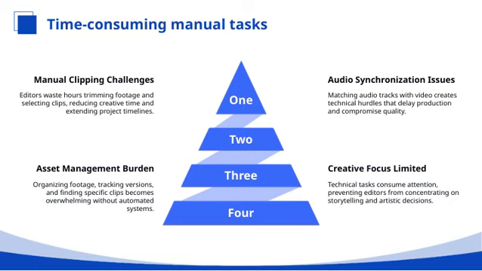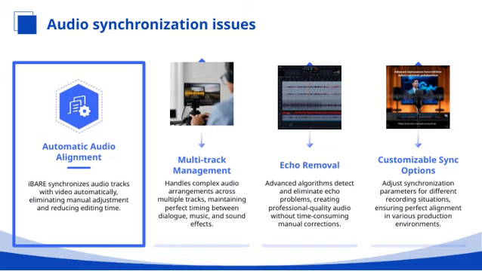Lastly, these technical tasks tend to take up a lot of attention, which limits the editor's ability to focus on storytelling and artistic decisions. All of these factors highlight how manual processes can hinder creativity and project efficiency, emphasizing the need for smarter solutions.